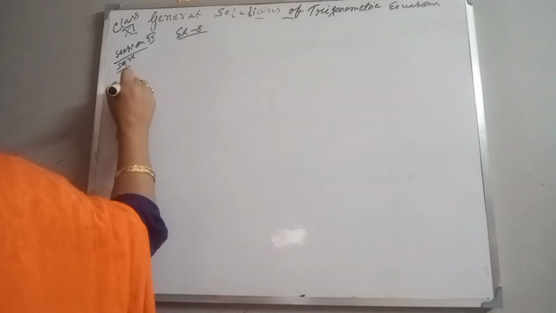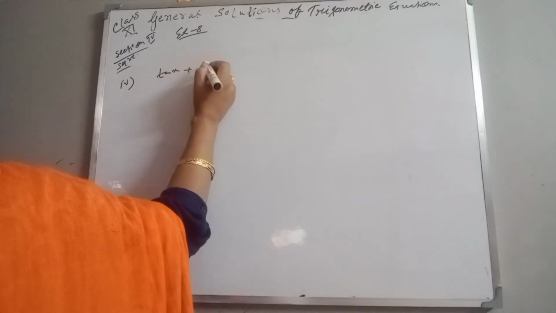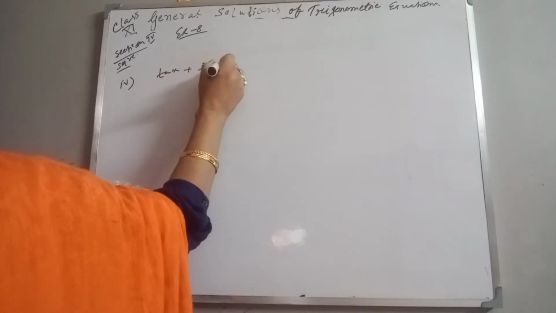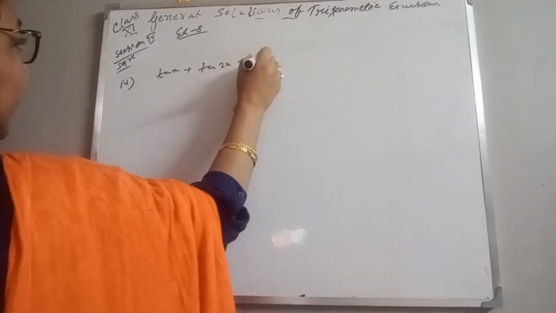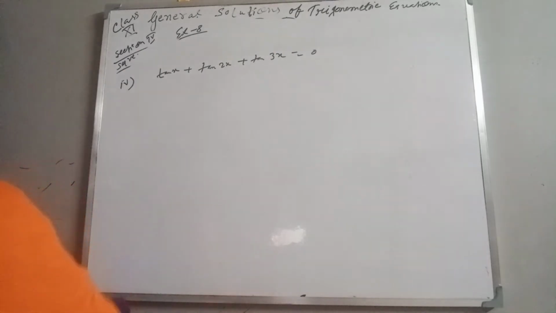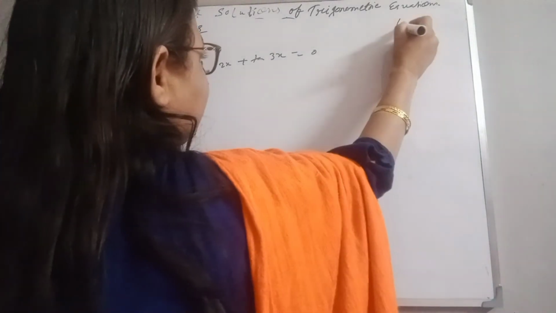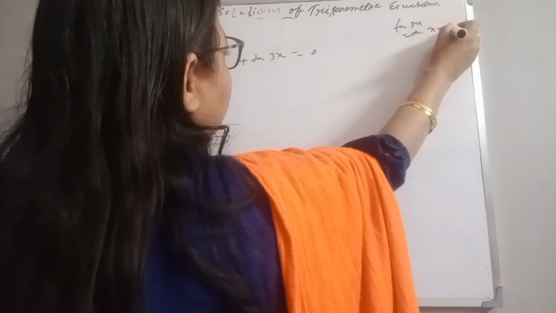Next sum number 4. This is a very important sum and a different type. Tan x plus tan 2x plus tan 3x is equal to 0, all in terms of tan. Now see, we know tan 3x, we can write this as tan of x plus 2x.